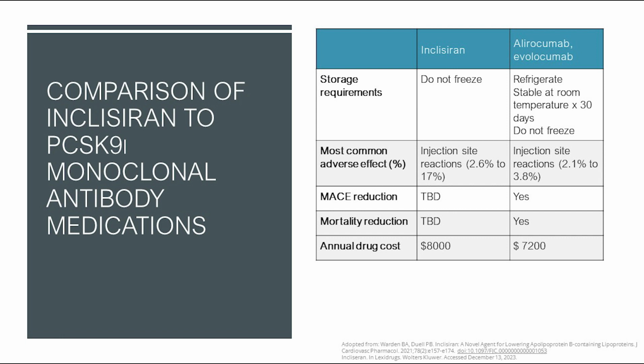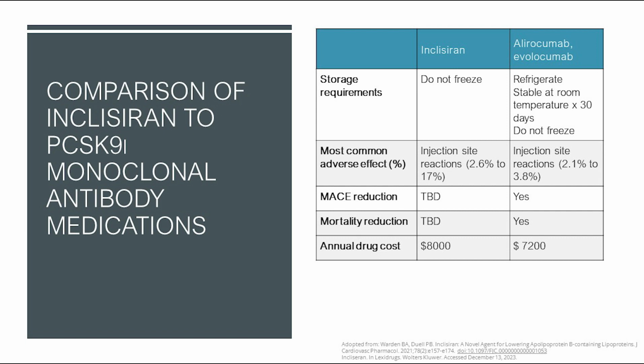Inclisiran currently does not have any data to support reduction in our MACE outcomes, though the data on that is expected to be published in 2026 or 2027. Again, we don't know what those data are. We don't know what kind of reduction we might see with inclisiran, and we still have to wait several more years to get that data.